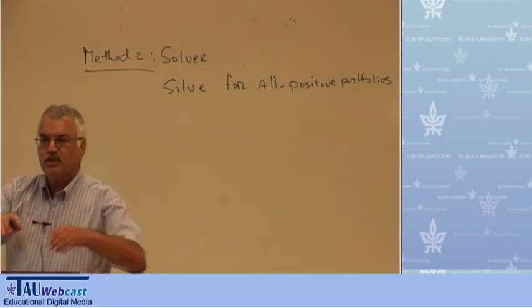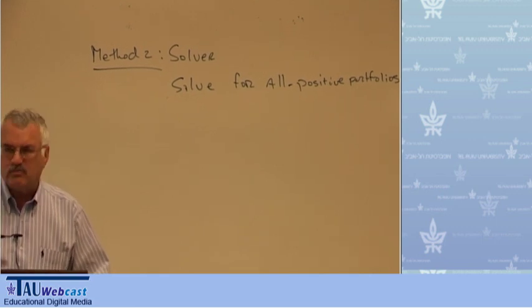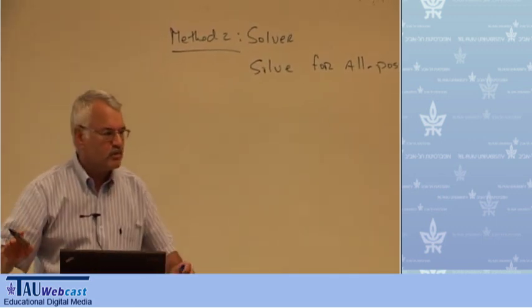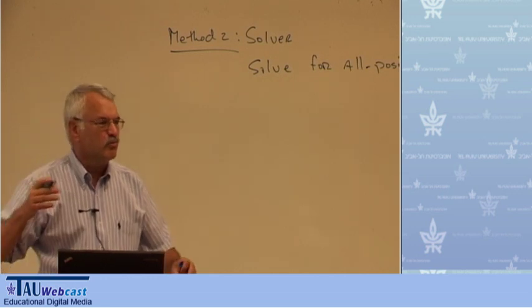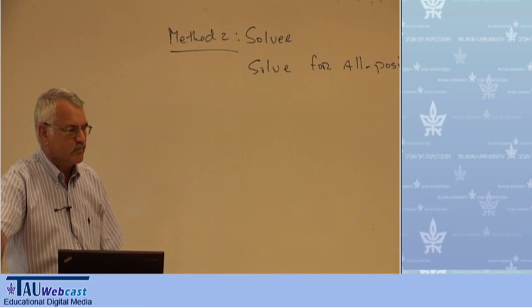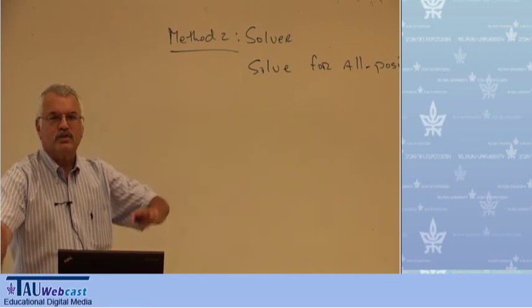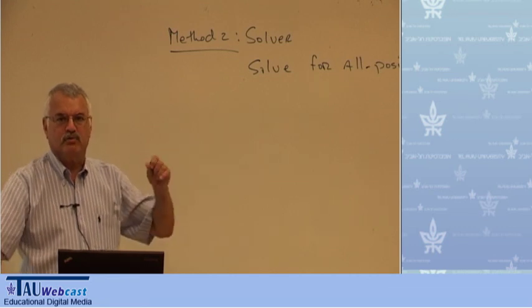Solver lets you put in conditions on the maximization. There's a chapter in the book. It does it. There's a little macro that runs things. I'll let you do this yourself. So you could take Solver and you could solve for an all positive portfolio.